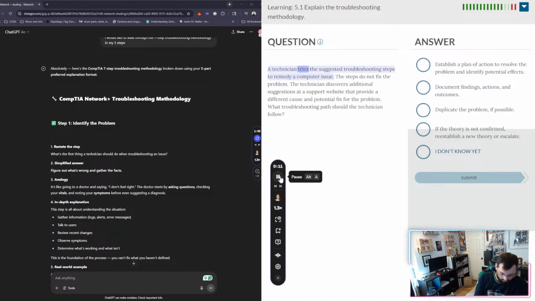A technician tries the suggested troubleshooting steps to remedy a computer issue. The steps do not fix the problem. The technician discovers additional suggestions at a support website that provide a different cause and potential fix for the problem. What troubleshooting path should the technician follow? Okay.